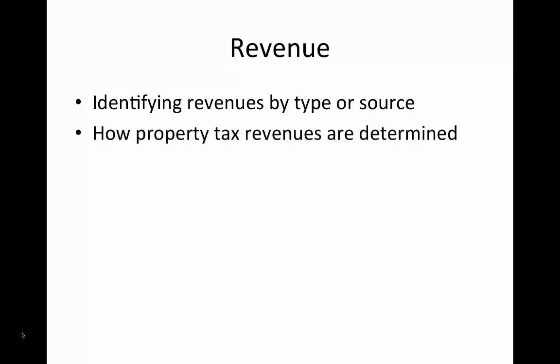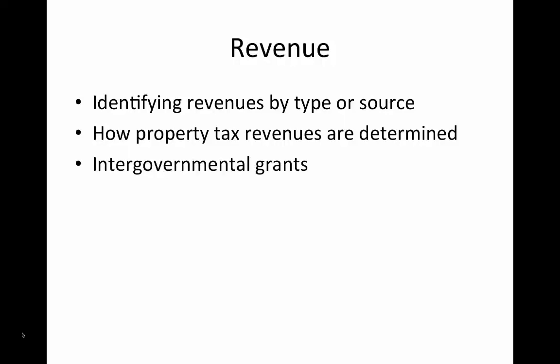You want to understand how property tax revenues are determined, meaning looking at assessed value of property, the property tax rate, the process of determining how large the property tax levy, that is, the assessed value times the tax rate, has to be in order to collect the amount of revenue that the government has budgeted for, meaning you need to allow for the fact that certain property tax accounts are going to be delinquent.